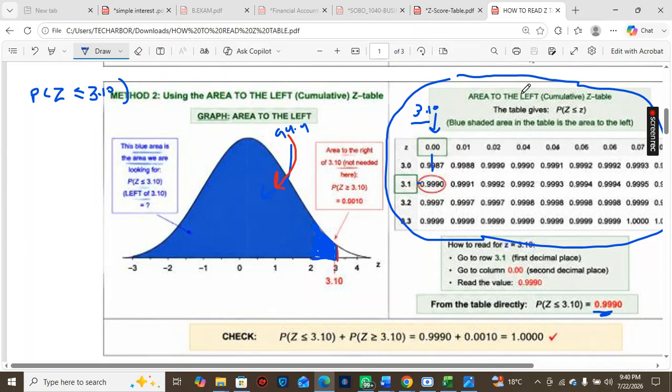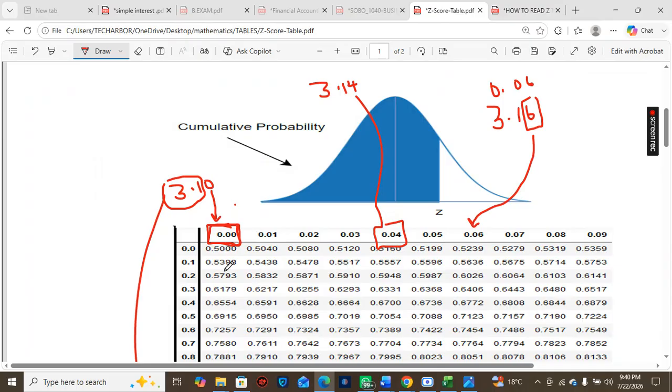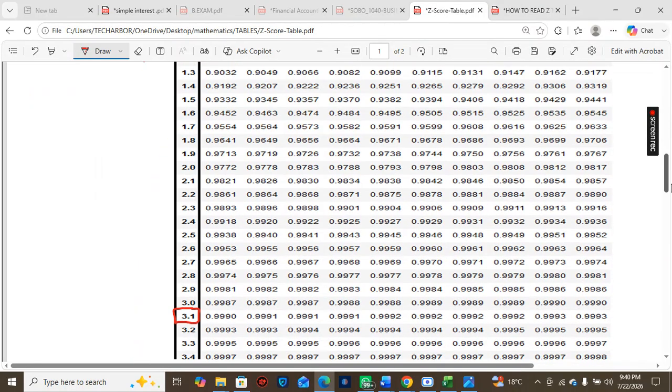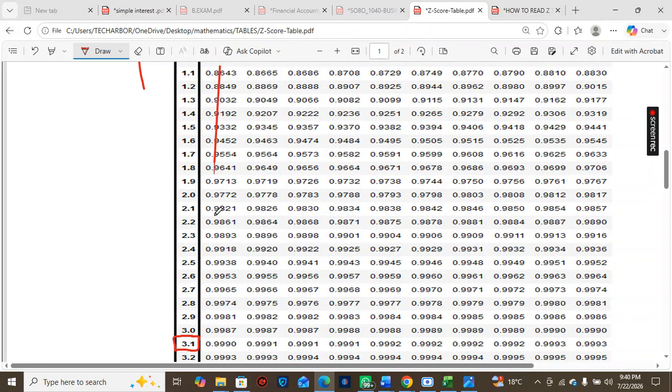Yes, where they intersect. That's how you read these tables. Where these two intersect, the 0.00 and the 3.1, where they intersect, that is your reading.